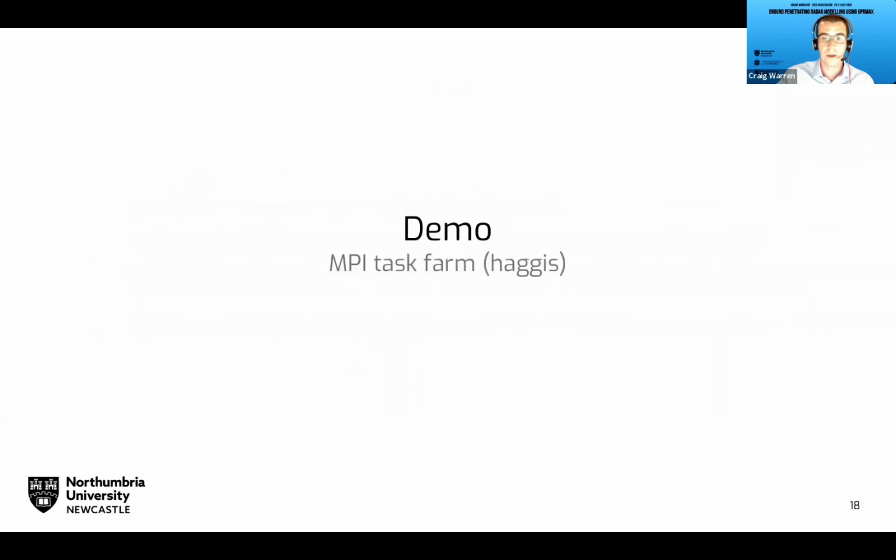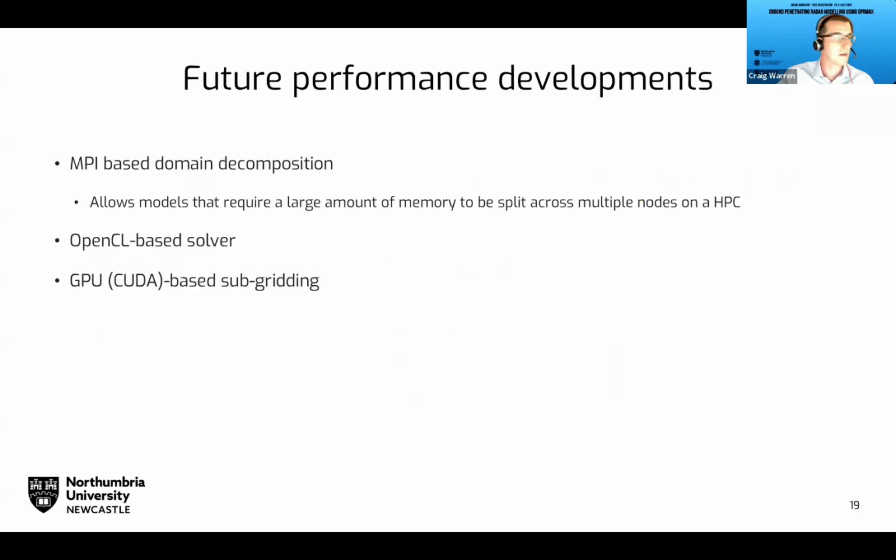So I'm just quickly skipping through these last couple of slides because I'm aware that I'm running out of time. But in terms of future work on performance with gprMax, as I said before, I think the biggest thing is getting somebody to do the domain-based decomposition.